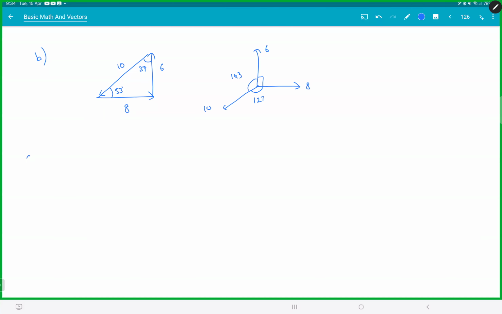So this is already done. C is not possible. Why? The sum of 2 sides, 3 plus 4, is not greater than 8. So that guy is gone.